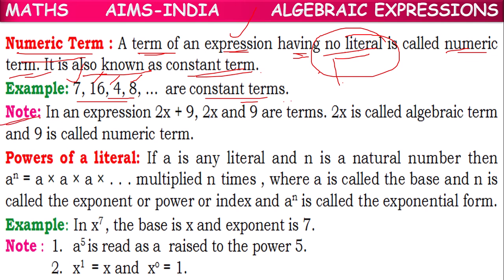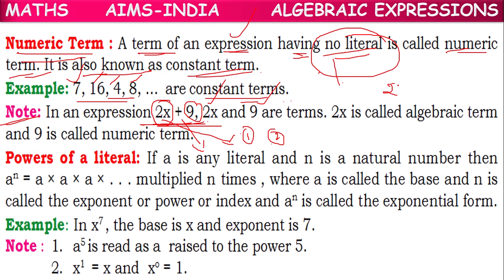Next. In the expression 2x plus 9, this 2x is one term because it's a product of a numerical and a literal, and this 9 is the second term. So in this expression we have two terms, 2x and 9, combined by the plus operator.